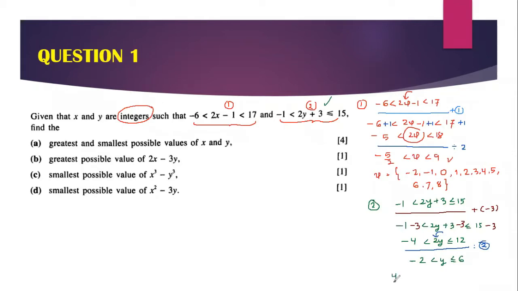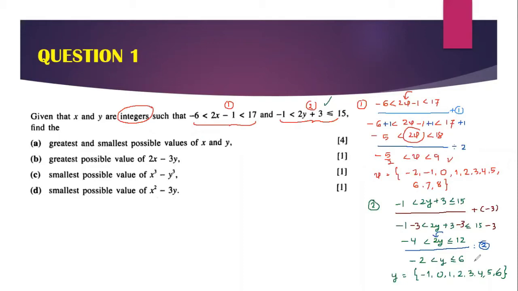The integers that satisfy this inequality are minus 1, 0, 1, 2, 3, 4, 5. Is 6 included? Yes, because this one is equal.